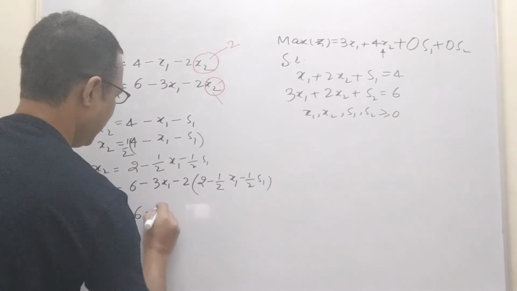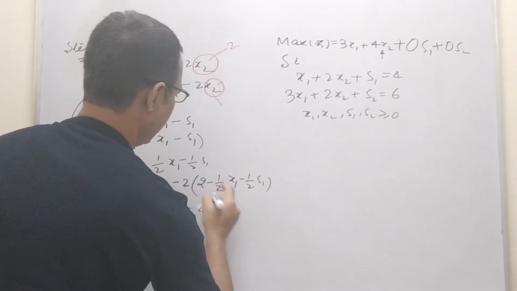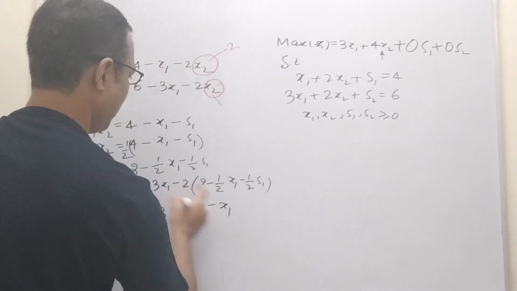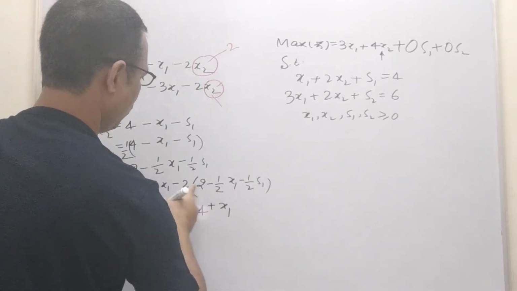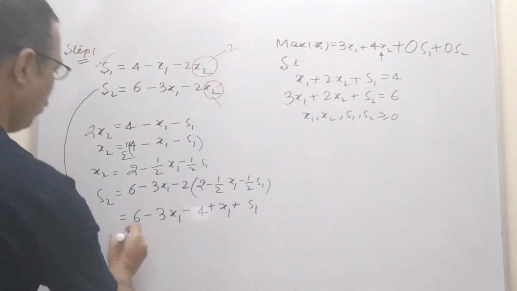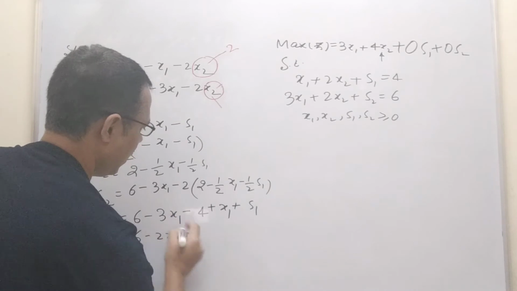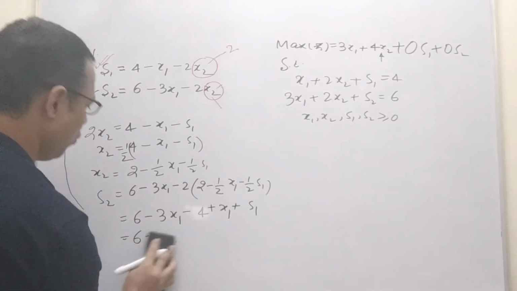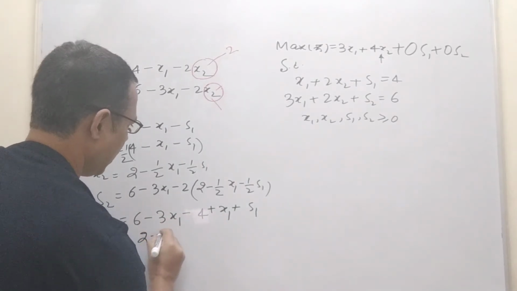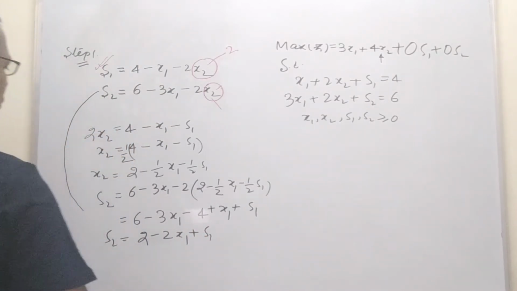So 6 minus 3x1 minus 4 plus x1 plus s1, where 2 cancels with 1 by 2. Now we can solve: 6 minus 4 is 2, minus 2x1 plus s1. So now we have got the s2 value.